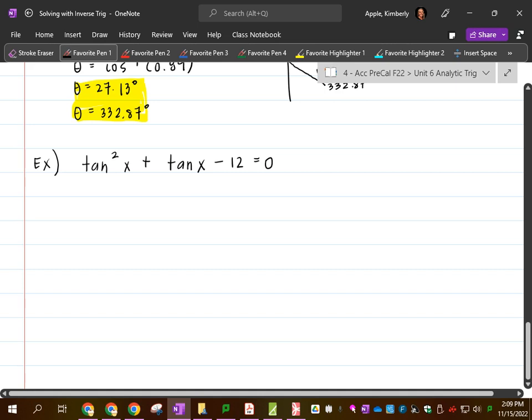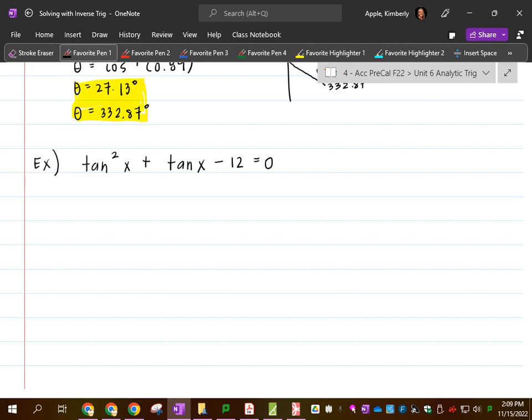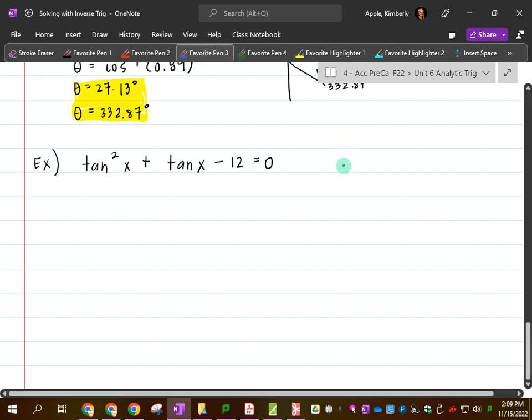So if you remember, we've seen some things like this recently, and you still are attempting to isolate the trig function with normal algebra. So if you are okay with the u substitution, I like to write my stuff in terms of u. So let u equal tangent of x. And so it's really just u squared plus u minus 12 equals 0.